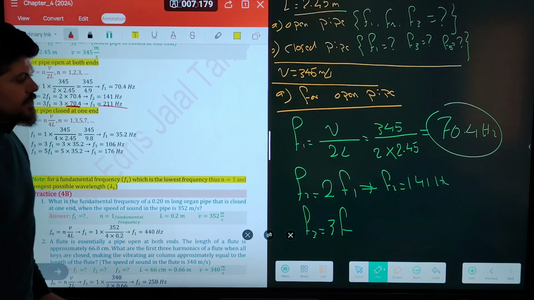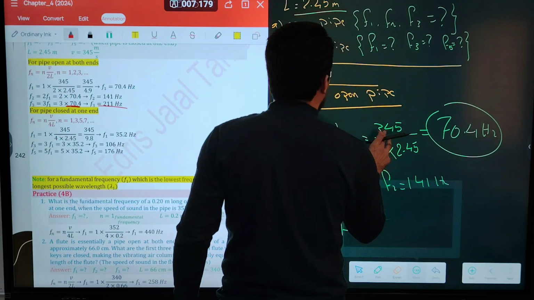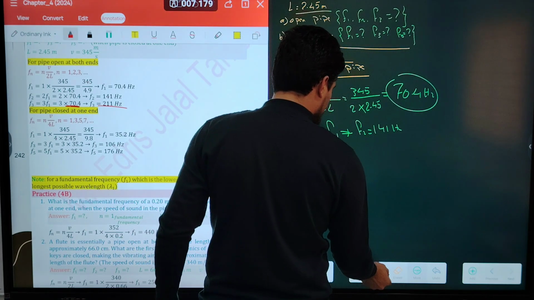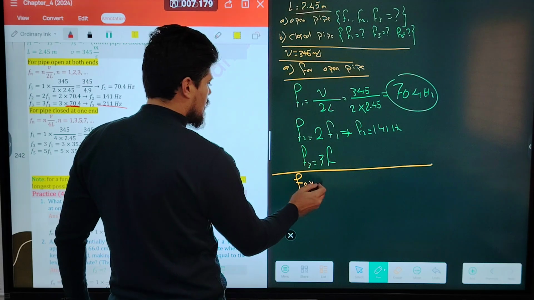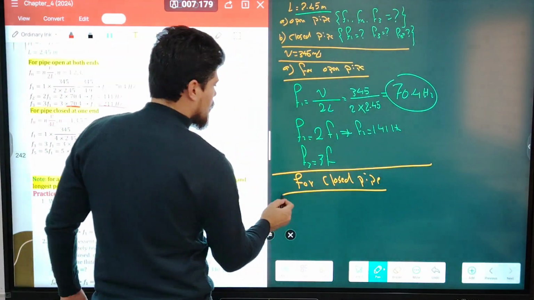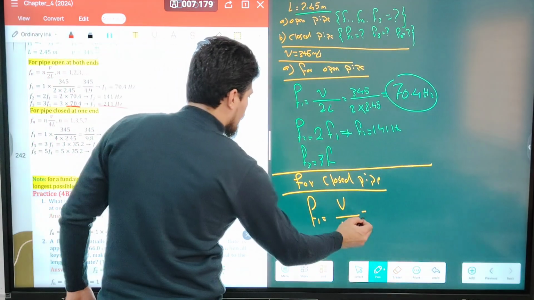But guys, for the closed pipe the situation is completely different. Why? Because for the closed pipe, F1 is equal to V over 4L.